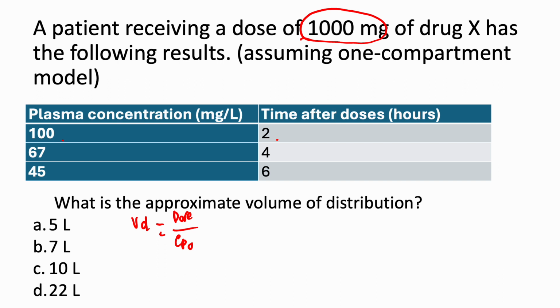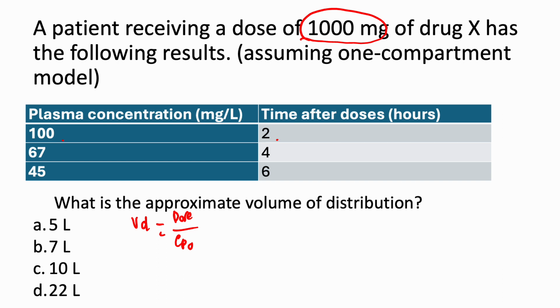If you use this value, the estimated volume of distribution will be inaccurate, because the concentration you get here is not the initial concentration. If you take the dose 1000 milligram divided by 100 milligram per liter, you have 10 liters. That's not an accurate volume of distribution.